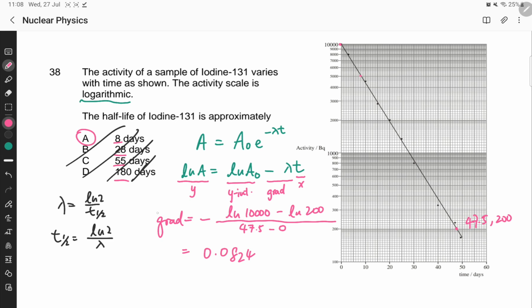And finally, getting to the half-life: the half-life is equal to ln 2 over the gradient. So it's ln 2 over 0.0824, and we calculate the half-life as 8.42 days, to be precise.